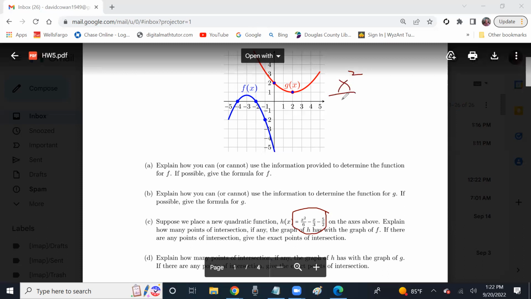x squared over 6 minus x over 3 minus 5/2 is going to be equal to negative 7.5 parentheses x plus 3 squared plus 0.75.